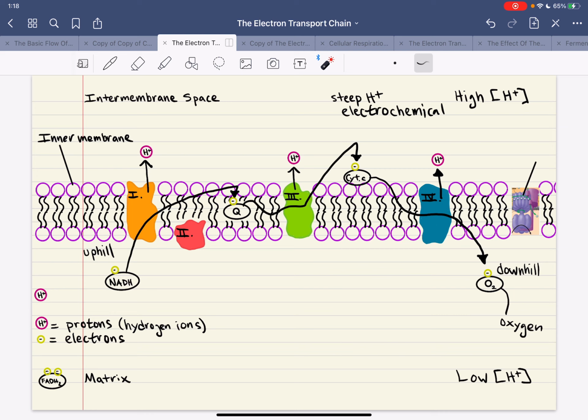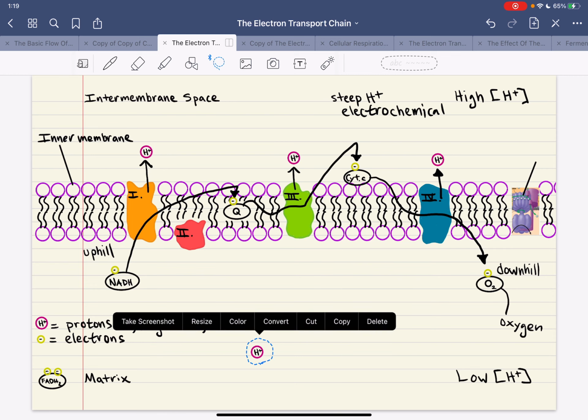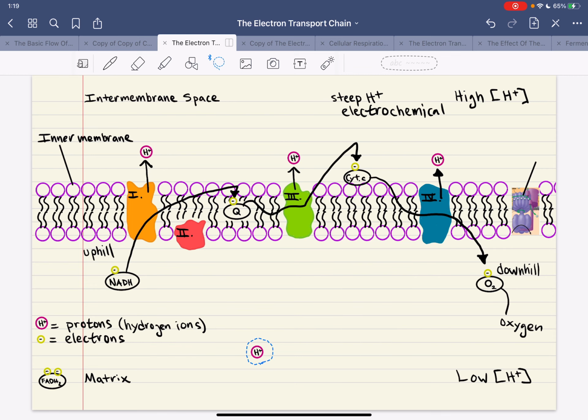Now, I want to finish drawing this gradient, so bear with me. I'm going to make some more protons here. I just want to show that there's a lot up here. High concentration.